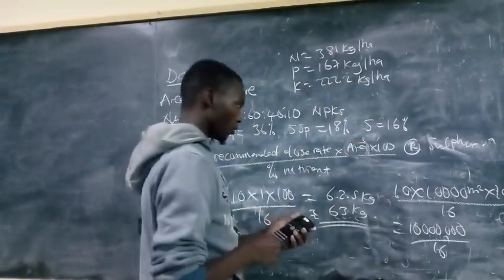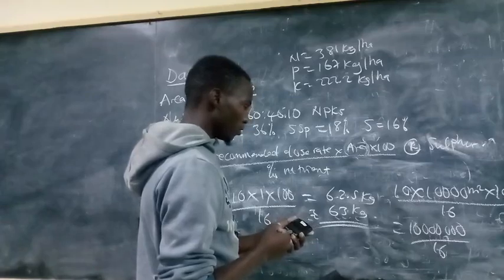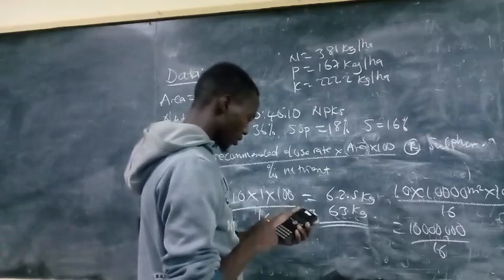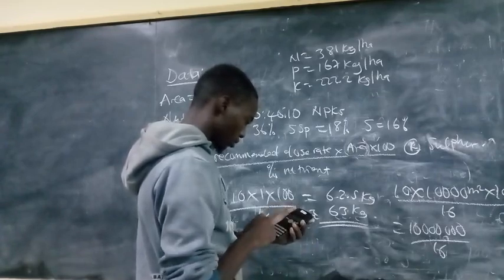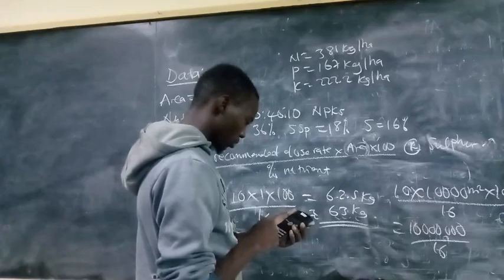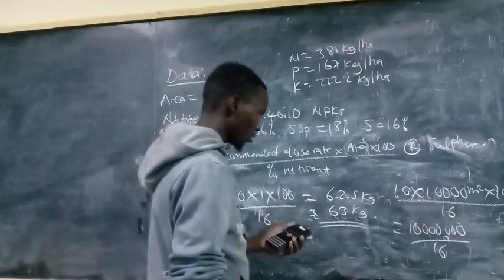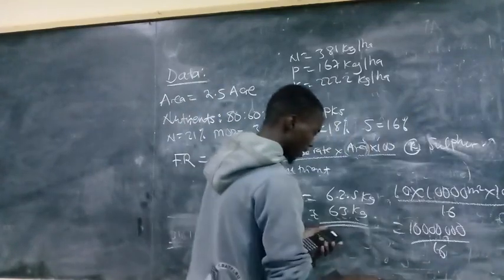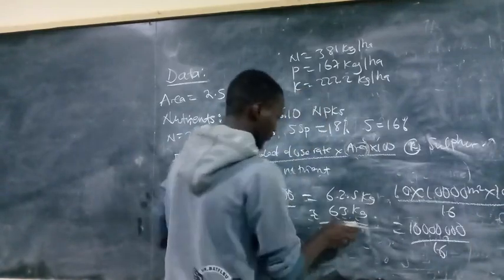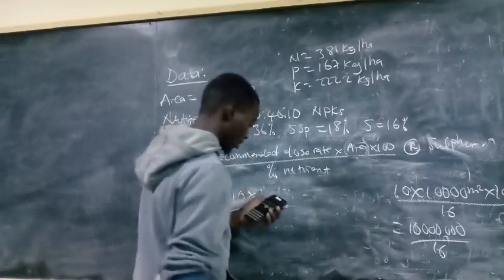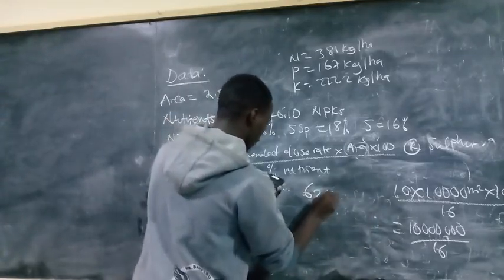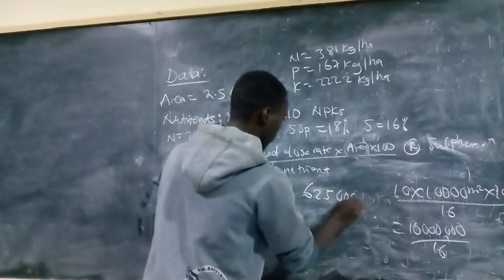Okay? So you may have to divide that by 16. You get a number that is at 625,000 like that.